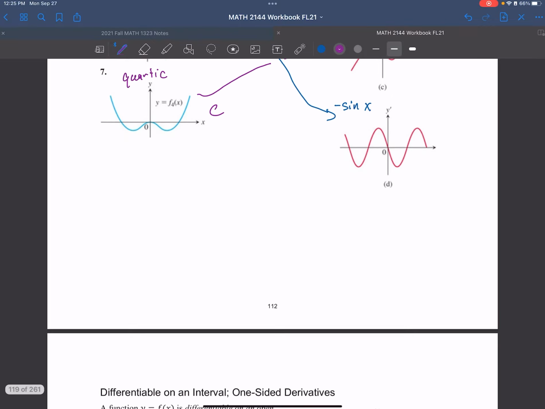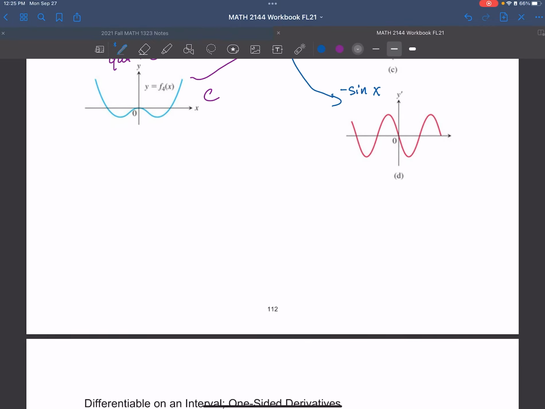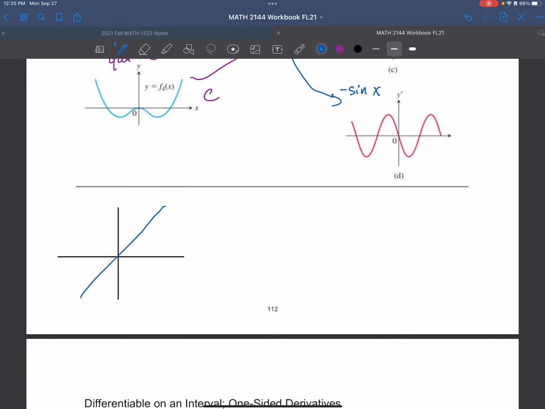All right, one more thing I want to add to this page. Let me draw one more function up here. It's a little bit of review from last class. Let's consider the function that goes diagonally through the origin with slope 1, so this is your identity function.